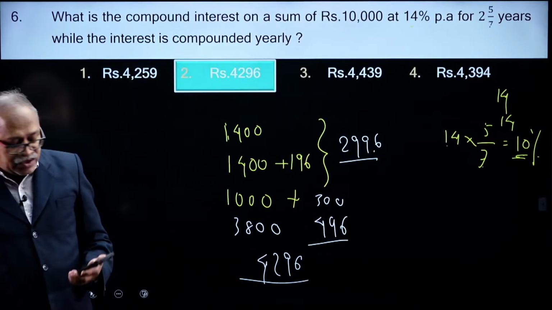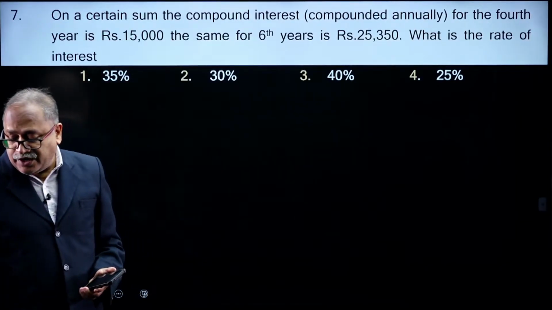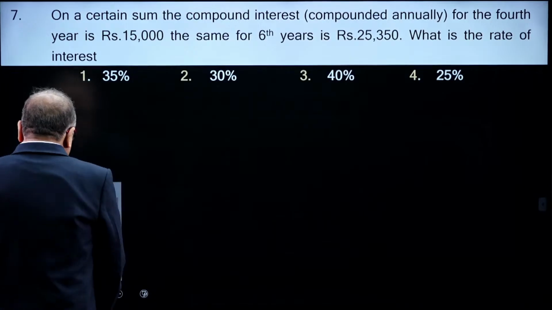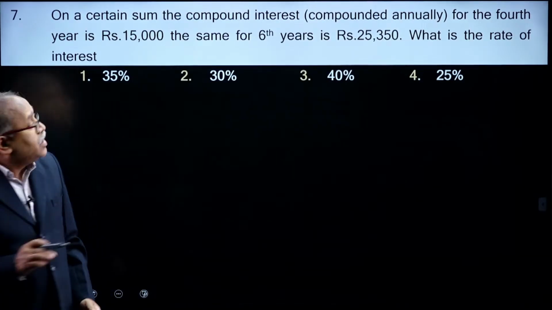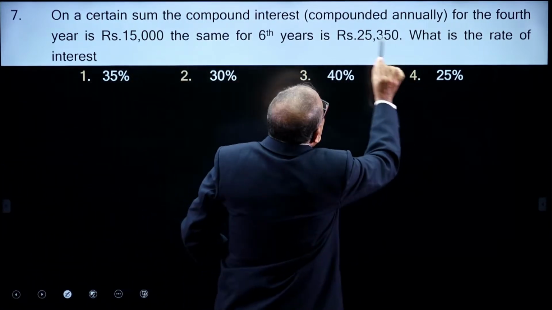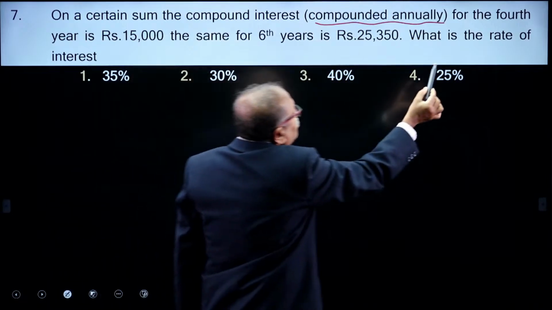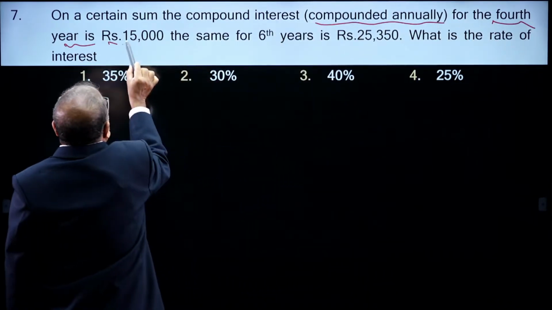Now, I am moving on to the next one. Aim, you also did well. The next question is over here. Let me check what information we have in this particular question. On a certain sum the compound interest compounded annually for the 4th year is 15,000.